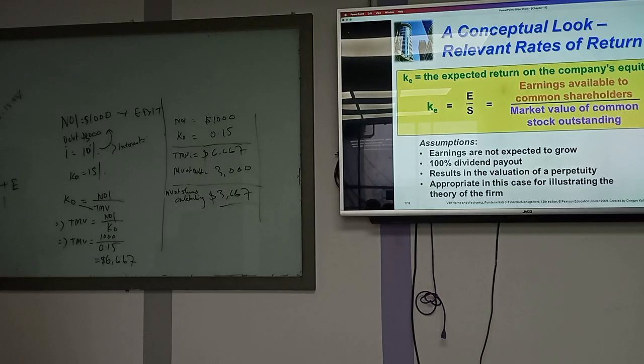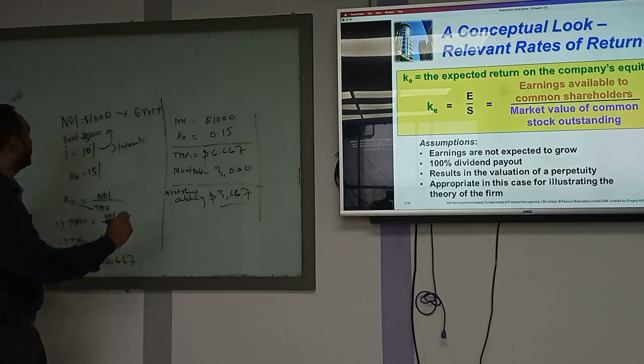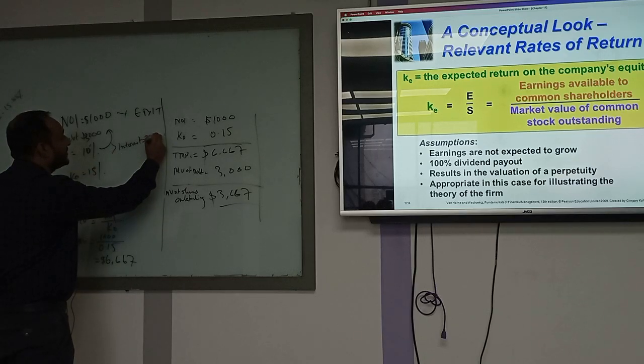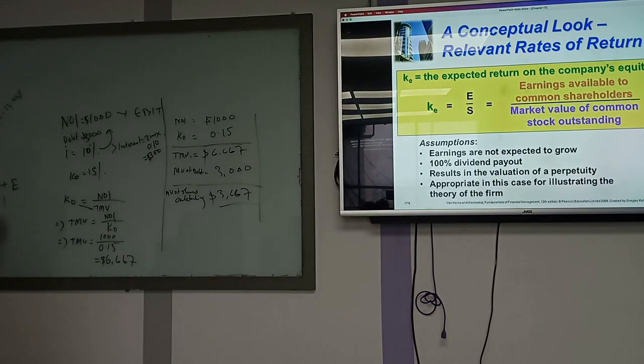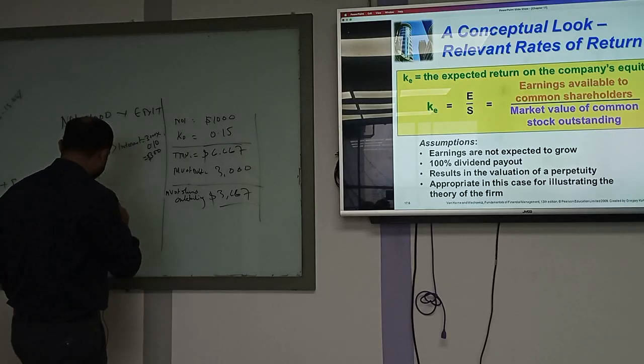What is the value of I? I is হচ্ছে 300, that means 3000 multiplied by 0.10, that is going to be $300. So 1000 minus 300 is equal to 700. So earnings available to the common shareholders is 700, right?